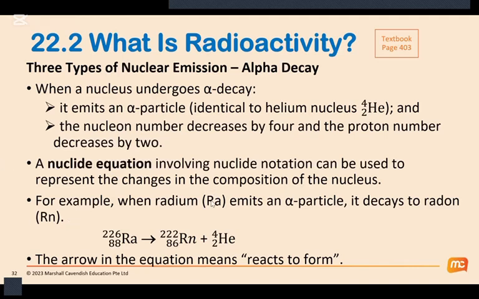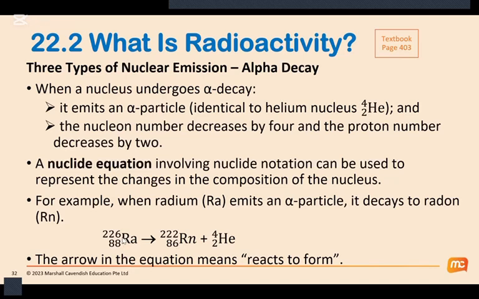So for example, over here, radium is a chemical substance, and it is an unstable nucleus. The radioactive isotope is radium with a proton number of 88 and a mass number or nucleon number of 226.